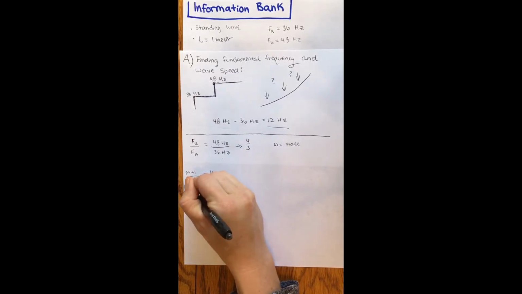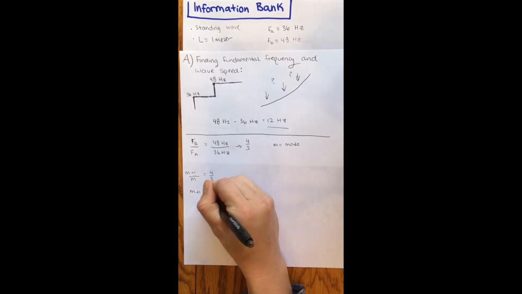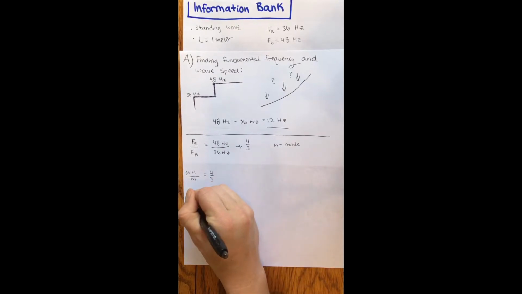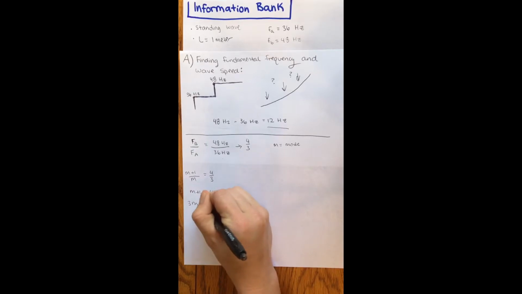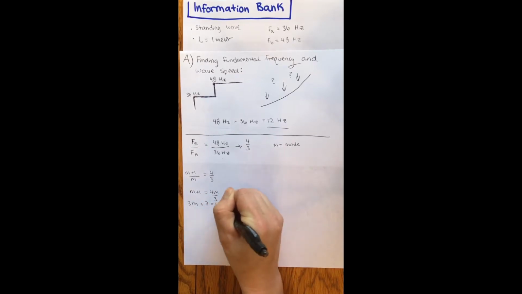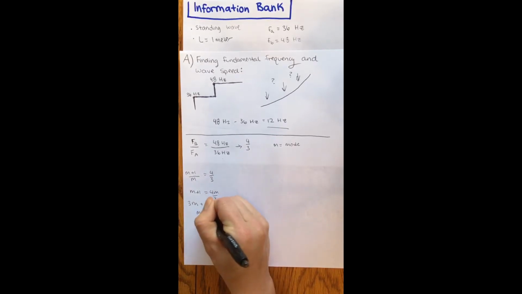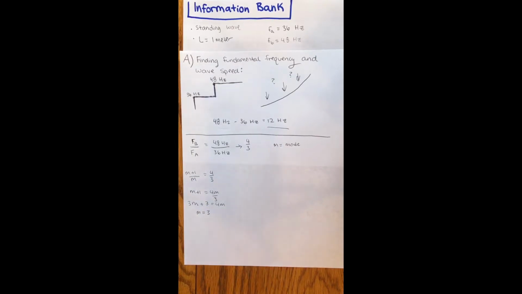So you can do m plus 1 equals 4m over 3. Solve that all the way through. We get m is equal to 3. Taking this value, we can put it into this formula.